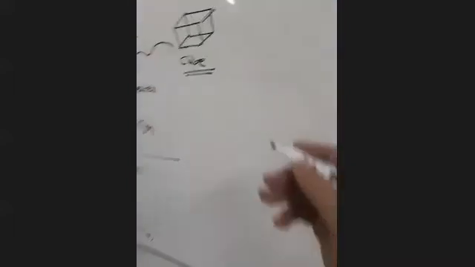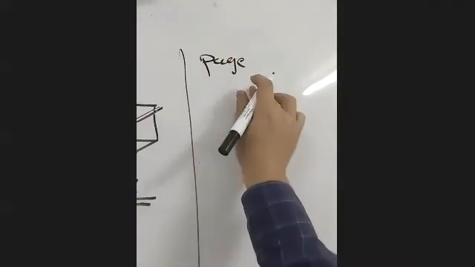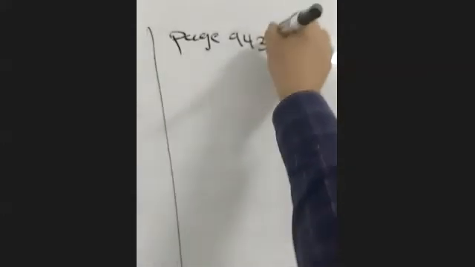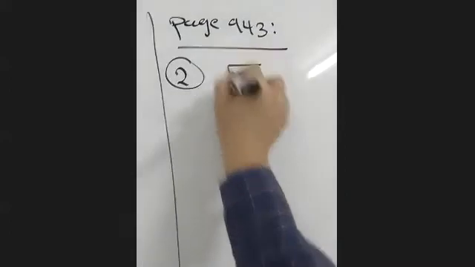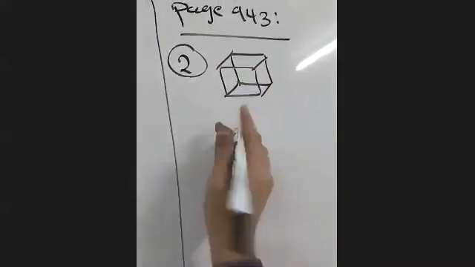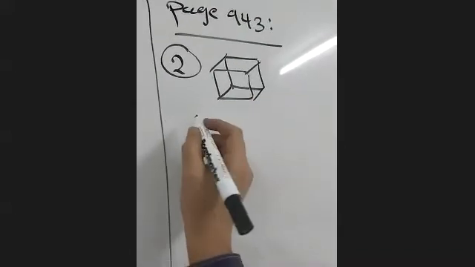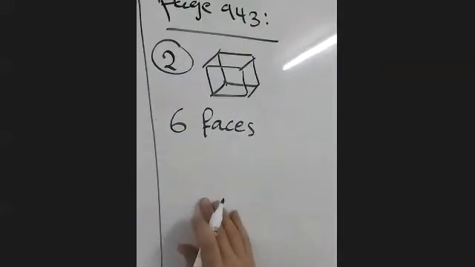So in question 2, guys, what will we write? Which page are we on? 943. Yalla ya Ghassan. In question 2, how many faces? What will we write, guys? We have this prism. How many faces do we have? We said 6 faces, right?